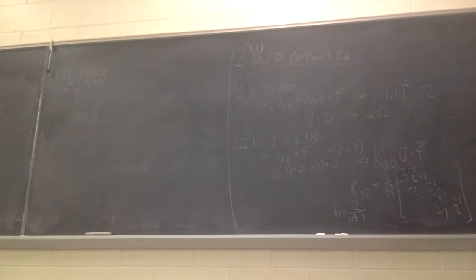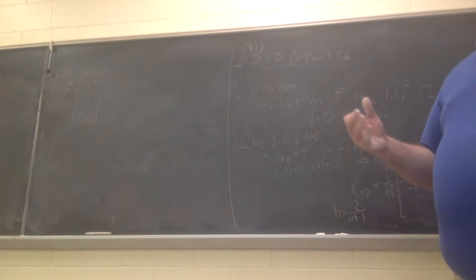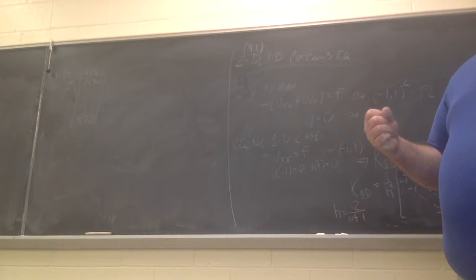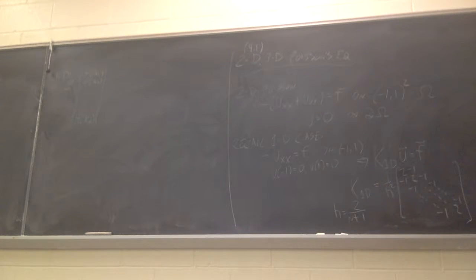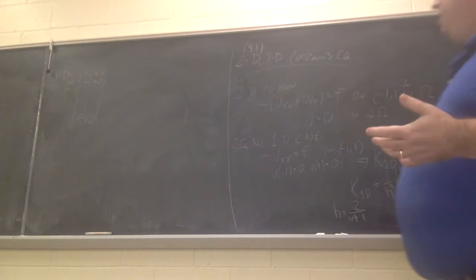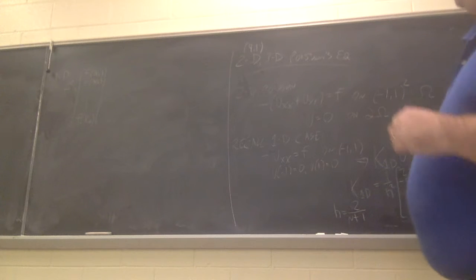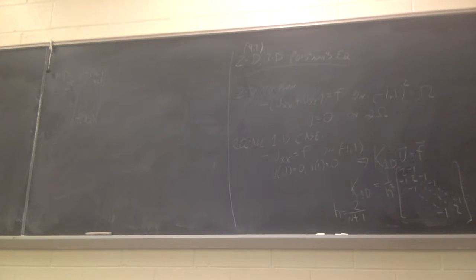But if you're in 2 dimensions, you tend to think of F, if you're going to represent F in 2 dimensions, you'd think of it as what? One step up from a vector. Matrix. Yeah, it'd be a matrix. But we still need a vector, so how do we reconcile that? And the key is in how you assign an ordering to all the points in your domain.